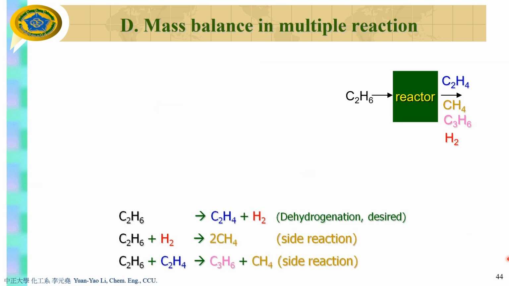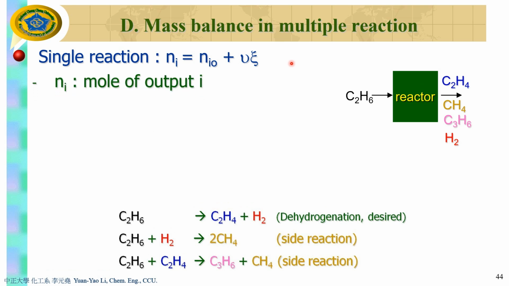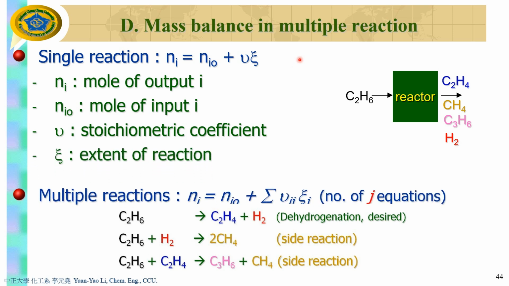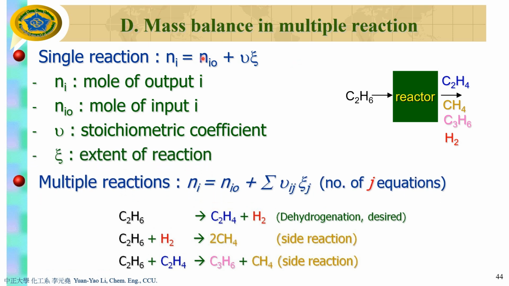Okay, so how can we do the balance in multiple reactions? Again, this is Ni equals Ni0 plus nu times Xe, right? That's what we learned just before the Kahoot. And then how about multiple reactions? Multiple reactions are easy because this is output, this is input, so there's no change. So this is output, this is input, plus what?